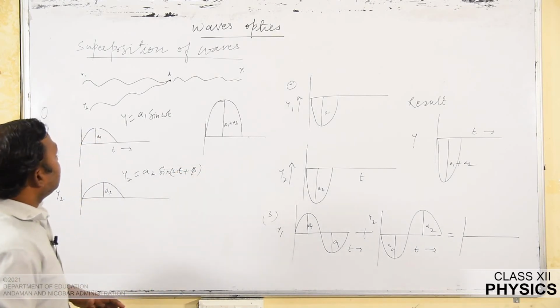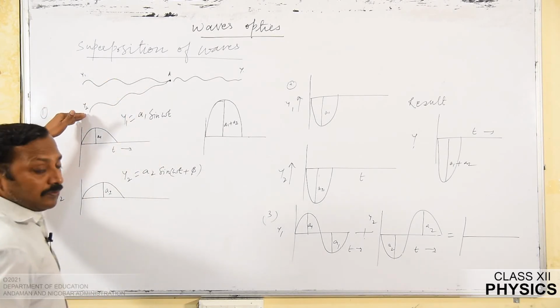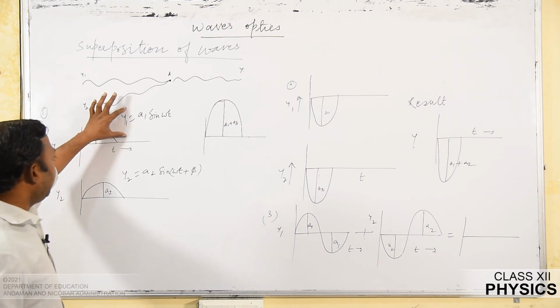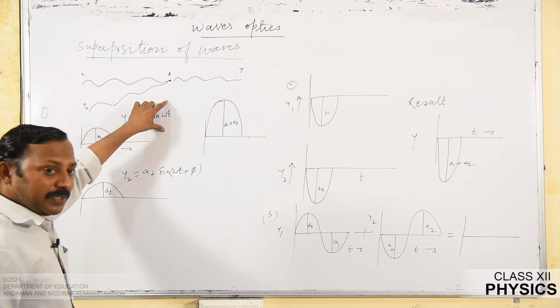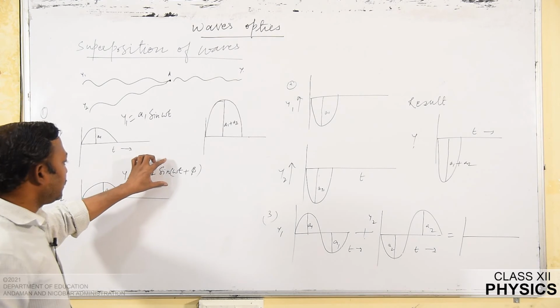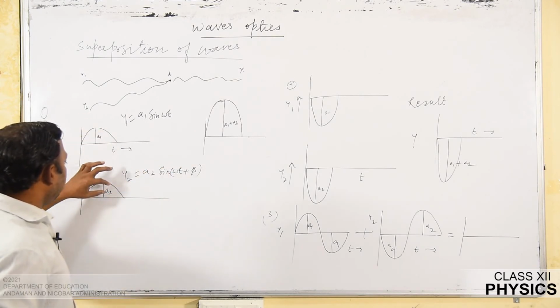So the displacement equation for the second wave is y2 is equal to a2 sin (omega t plus pi), having the amplitudes a1 and a2.